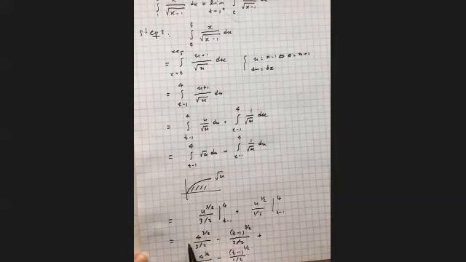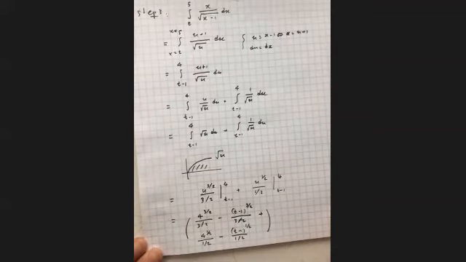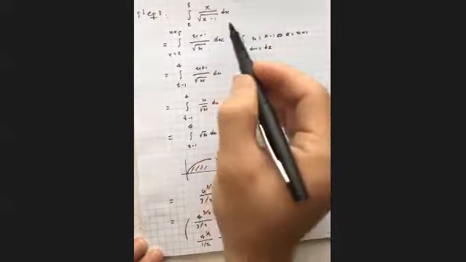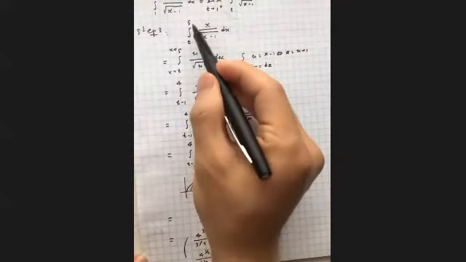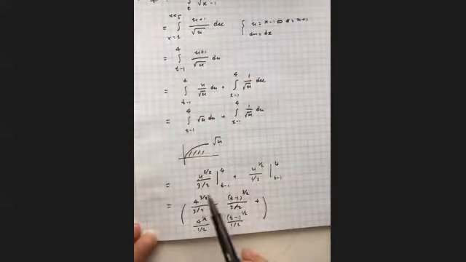So this is the answer: the integral of this expression from t to 5 is given by this function of t.